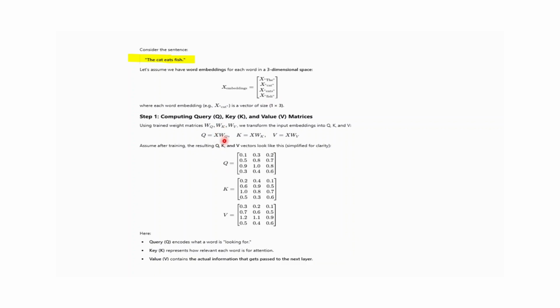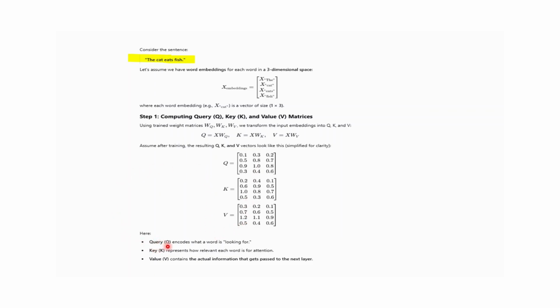Let's assume WQ was a random value and we multiplied that weight with this X, and we got this matrix. So X multiplied by WQ gives the query matrix, and similarly the key matrix and the value matrix.